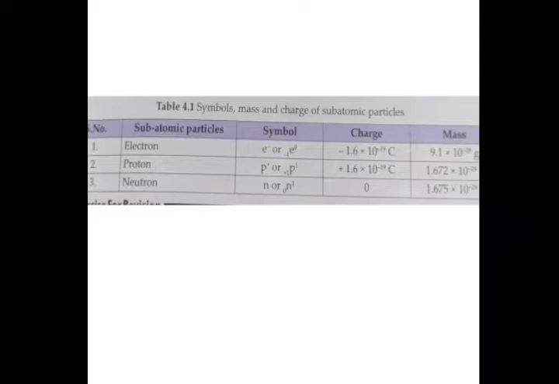So it is the mass of an electron you can write as 9.1 into 10 to the power of 28 grams, sorry, not as 1.6 into 10 to the power of minus 24 grams, because that is negligible, and mass of proton is 1.67 into 10 to the power of minus 24 grams. Is that clear? Then neutron, you can write the same, it is slightly more than that of proton, that is 1.675 into 10 to the power of minus 24. So this is the second answer.